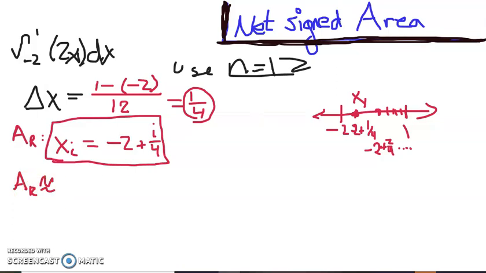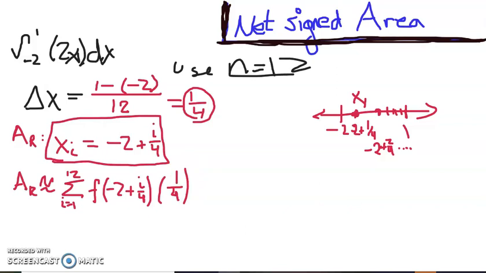The approximation is the sum from i equals 1 to 12 of f of -2 plus i over 4, times delta x, which is 1/4.